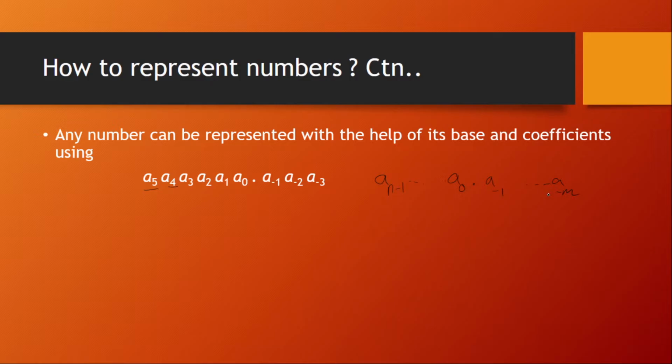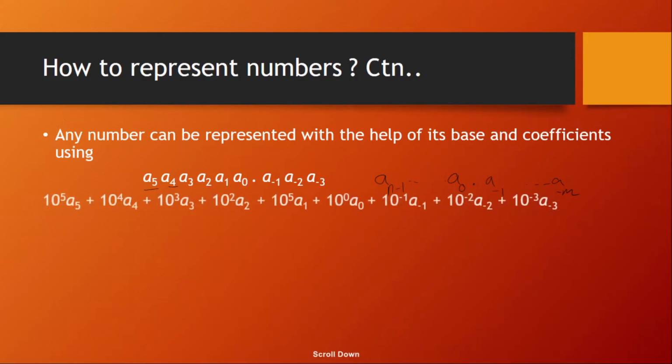So that's what we can understand here. Any number in a decimal system will be in this form: 10 raised to the power, into the coefficient of that number, and the index value keeps on increasing.